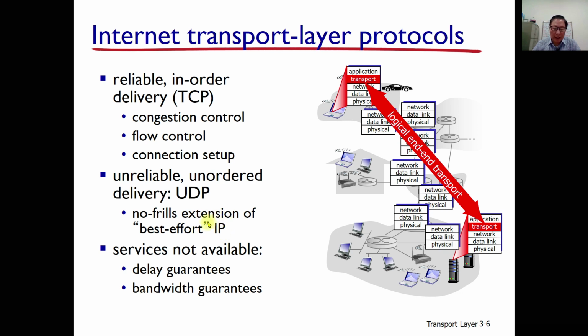Internet protocol, which is a network layer protocol, is similar, because it is also unreliable and unordered delivery. This one is a transport layer protocol, and that one is a network layer protocol. Best effort means it is not perfect. UDP is not perfect, but TCP is 100% perfect. The delivery is guaranteed perfectly.